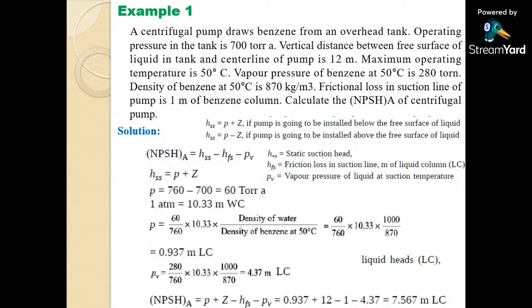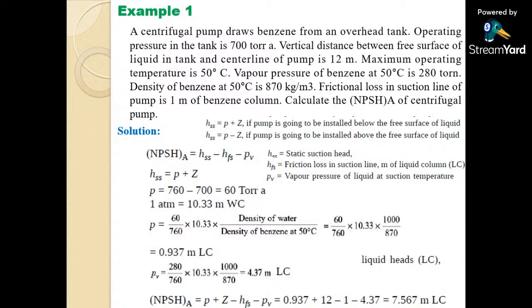So 1 atmosphere equals 760 torr, or it equals 10.33 meter of water column. So we can calculate first. This pressure is to be converted from torr to meter of water column, and then from meter of water column to meter of liquid column.